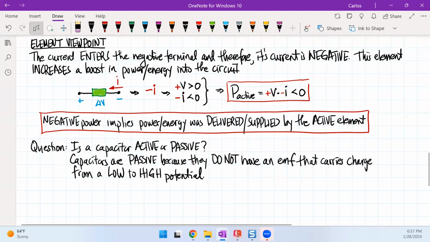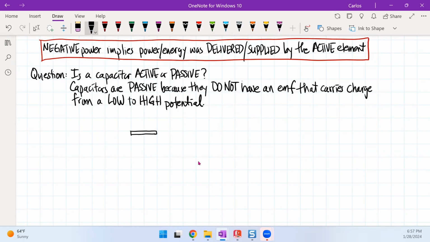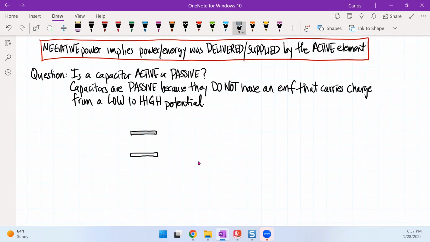And so picture-wise, this might be disturbing because if I think of a capacitor plate, I could imagine that I have something like this. Let's say that this is my capacitor plate, it's charged, and this capacitor is connected to a resistor.